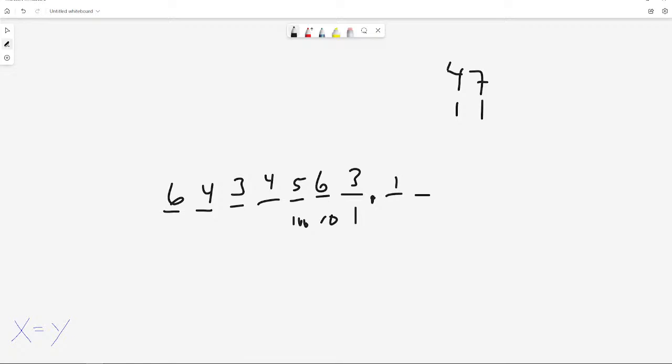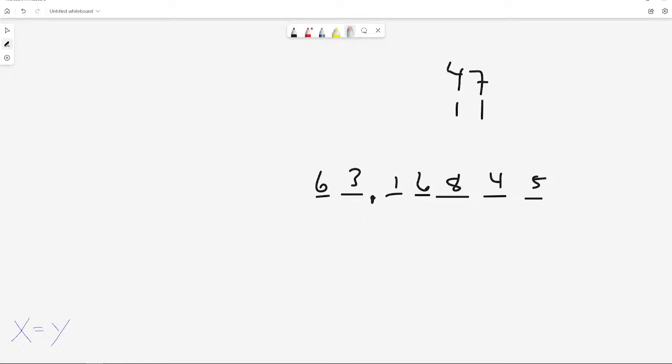So you can have numbers here. So just for number's sake, I'm going to get rid of all of this. Oops, I'm still drawing circles. We'll say 63. Let's get rid of this up here too.